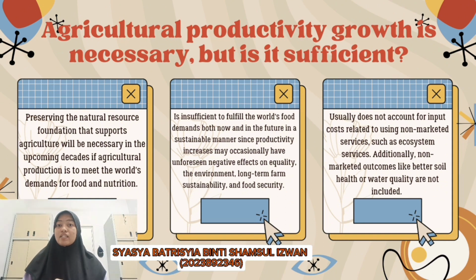Second, it's insufficient to fulfill the world's food demands both now and in future in a sustainable manner since productivity increase may occasionally have unforeseen negative effects on equality, the environment, long-term farm sustainability, and food security. Third, it usually does not account for input costs related to using non-marketed services such as ecosystem service; additional non-market outcomes like better soil health or water quality are not included.